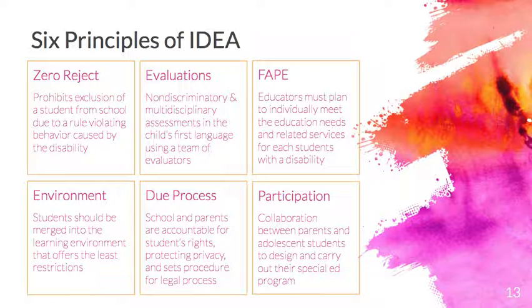So the first one is called zero reject, and this prohibits exclusions of a student from a school due to violations that their behavior may cause due to a disability. And I actually had a case of this in my own school.